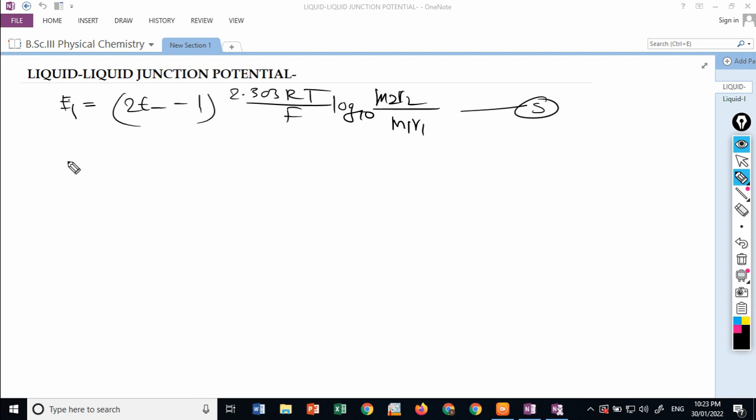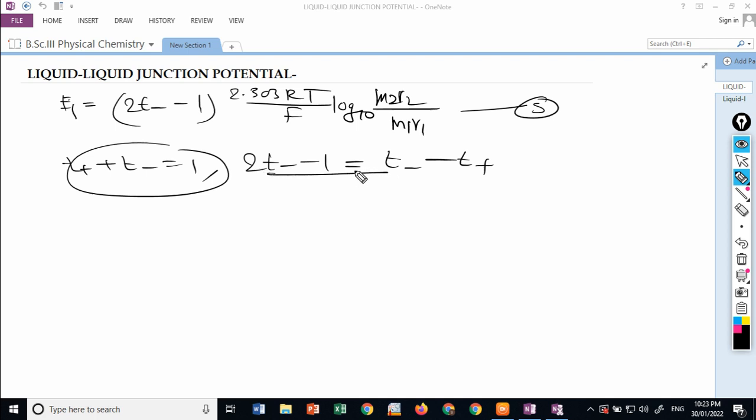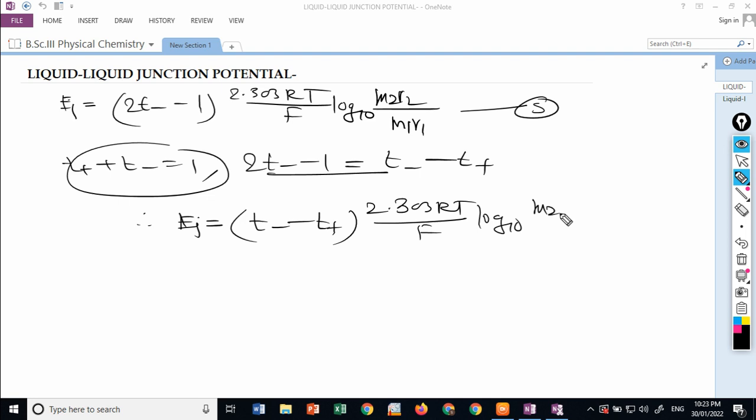Now we know t plus plus t minus is equal to 1. Then 2t minus 1 can be written as t minus minus t plus. Therefore the liquid junction potential is equal to t minus minus t plus, in brackets, times 2.303 RT divided by F log to the base 10 of M2 gamma 2 divided by M1 gamma 1.